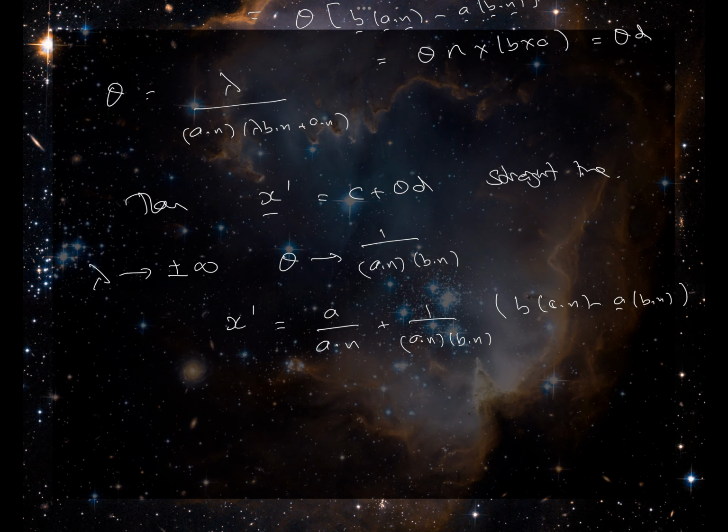And that's equal to a over a dot n plus b over b dot n minus a over a dot n. It goes to this value here, which is the vanishing point of this line.